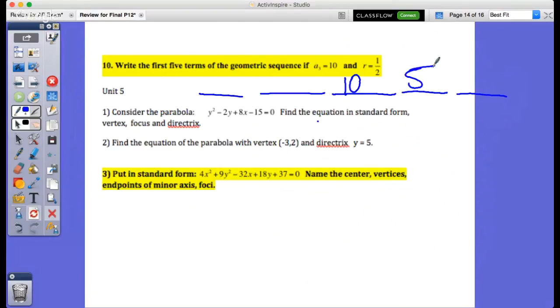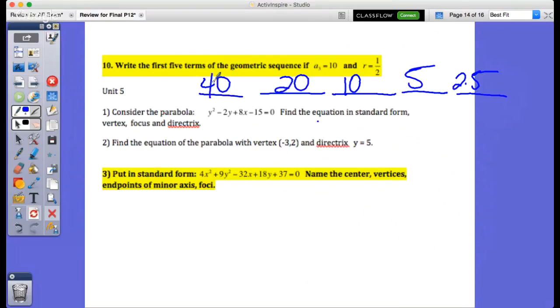What would be the last term? 2.5. Good. As I go to the right, I multiply by 1/2, right? But if I go backwards, what would I be multiplying by? Multiplying by 2. So what would be the second term? 20, which makes the first term 40.